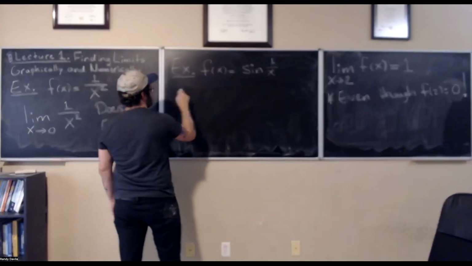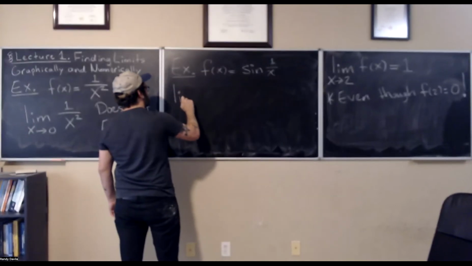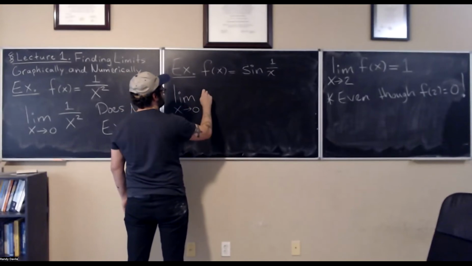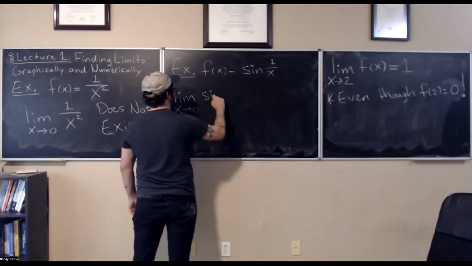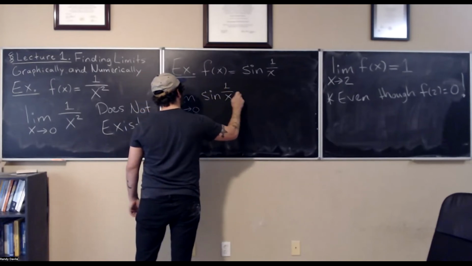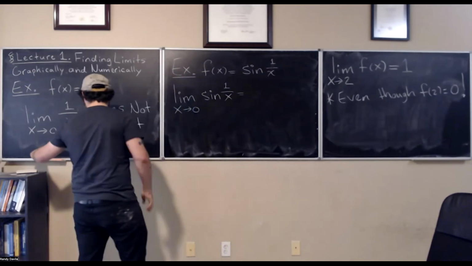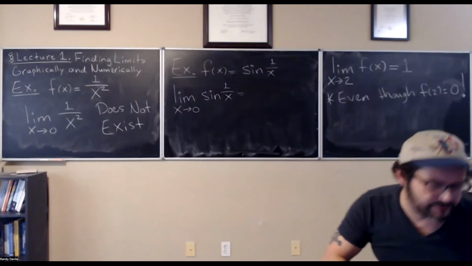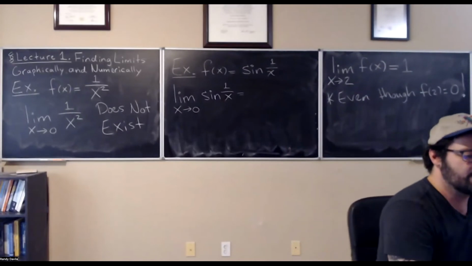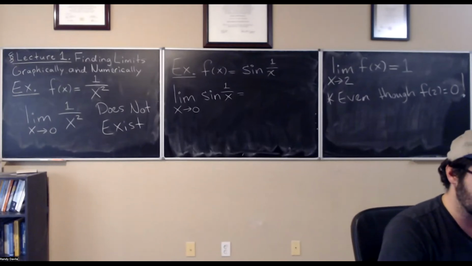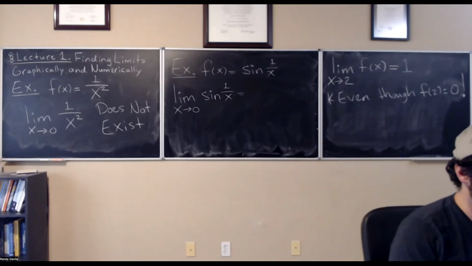And we're curious about the limit as x approaches 0 of this function. Okay, so as before, we have technology, we might as well use it. Let's see if Julia can plot this thing at all, because I'm assuming that most of you would have no idea what the graph of that looks like.